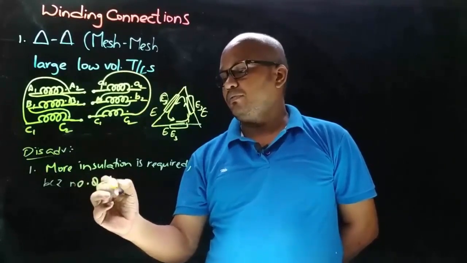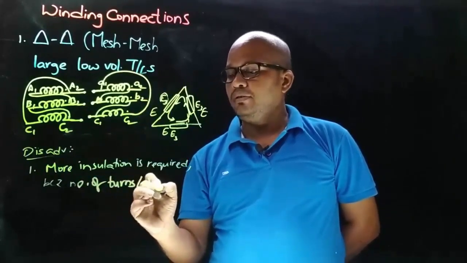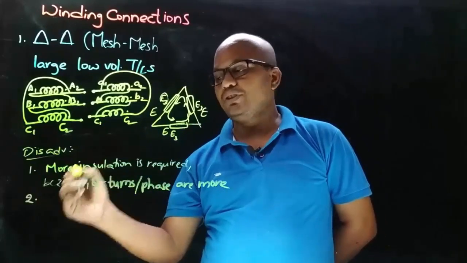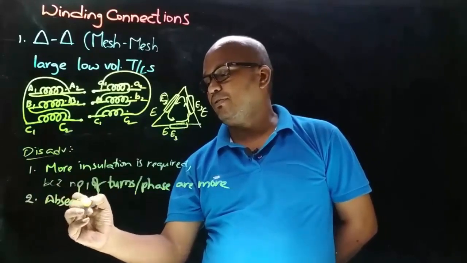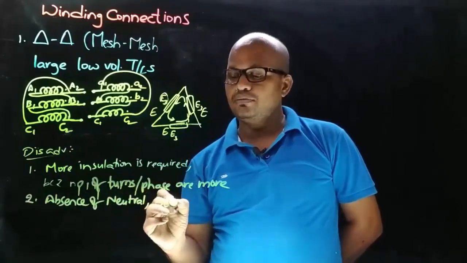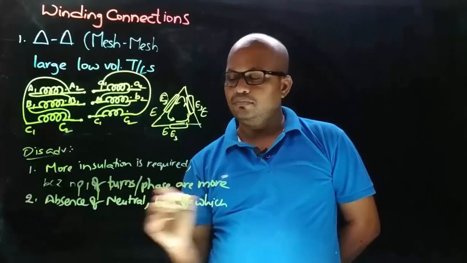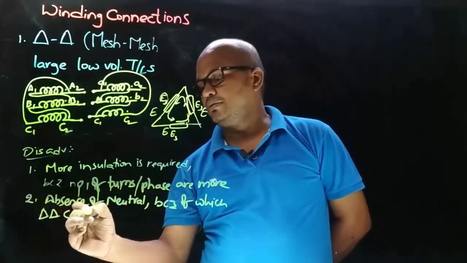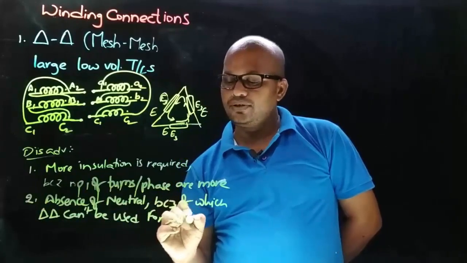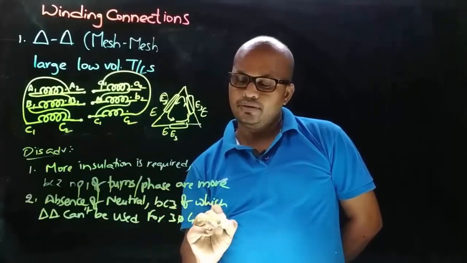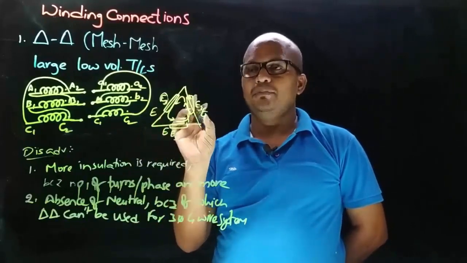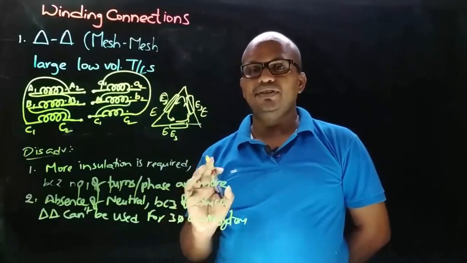And the second disadvantage is the absence of a neutral terminal, because of which delta-delta can't be used for a 3-phase 4-wire system. As delta does not have any neutral connection, delta connection can't be used for a 3-phase 4-wire system.